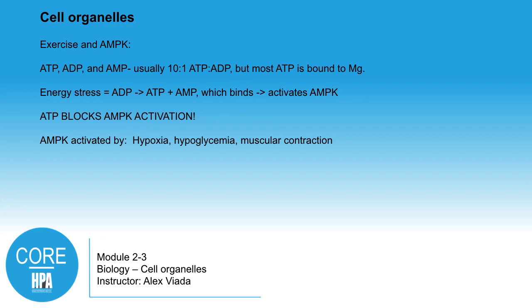In other cells, as the amount of ADP and AMP increases, energy stress, what's going to happen is as the amount of ATP reduces, AMP, which is the lowest energy version, is going to increase as well because ATP is reducing.